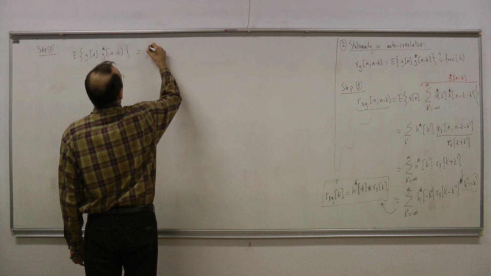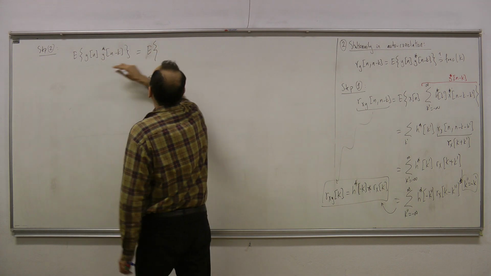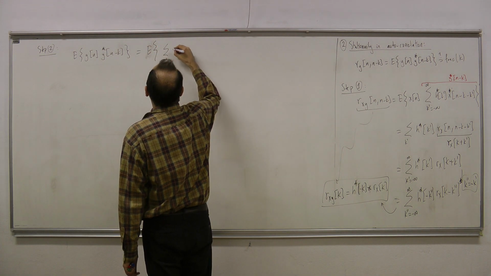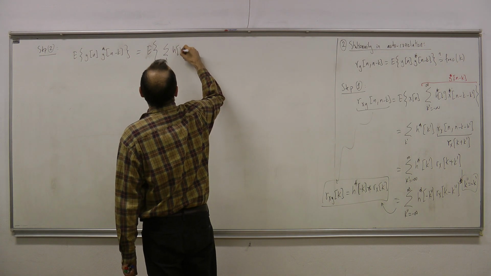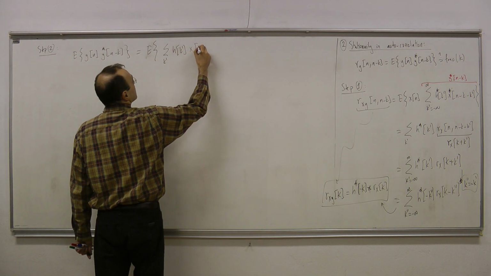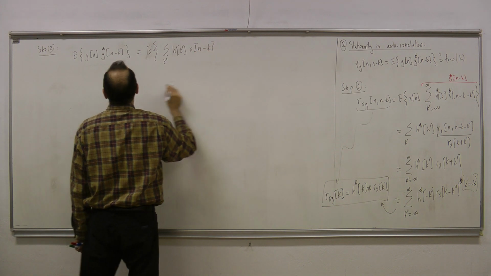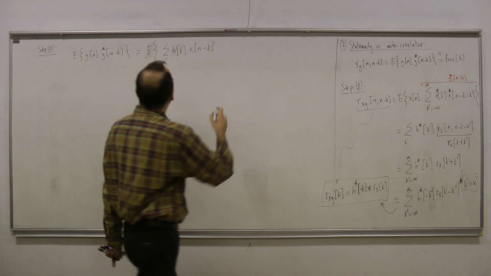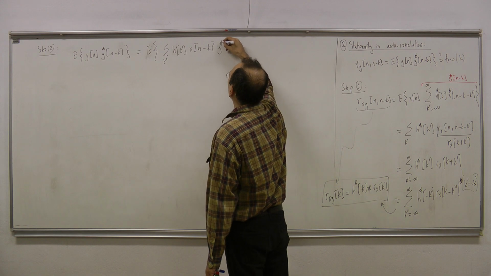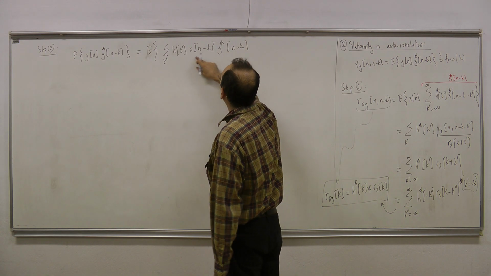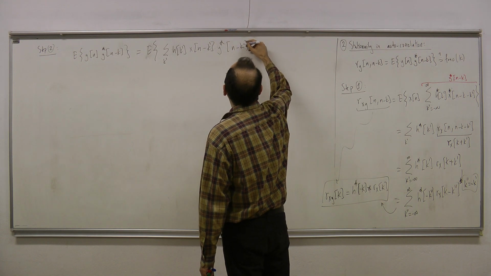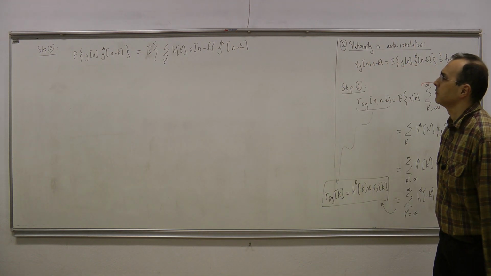Expected value of the sum over k prime of h of k prime x of n minus k prime, this is y of n, times y conjugate of n minus k. But let's be careful, k prime, this is k.